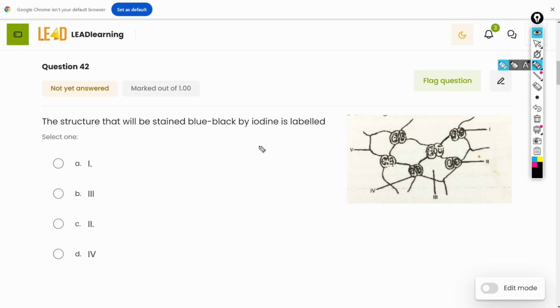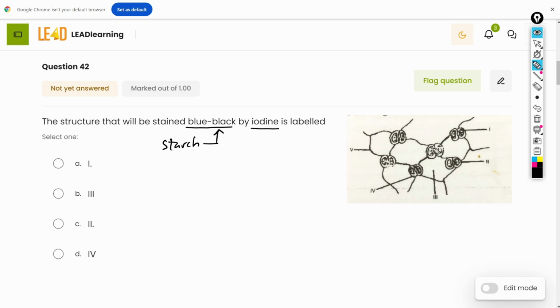Question 42. The structure that will be stained blue-black by iodine is labeled... To answer this question, let us consider the blue-black coloration due to the addition of iodine. Starch is the substrate that produces a blue-black coloration when it comes in contact with iodine.